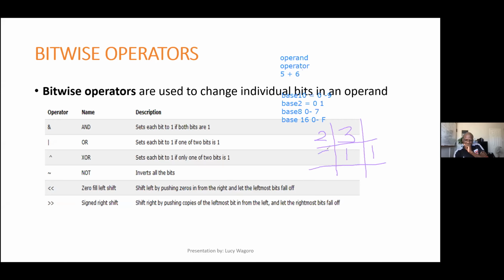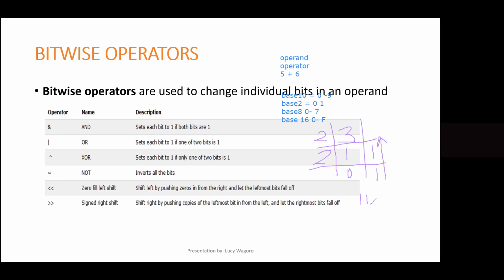And then 2 goes into 1, 0 times, remainder 1. It is the remainders that I read, but I read them going up. So I will have 1, 1. So 3 in base 10 changed to base 2 is 1, 1.